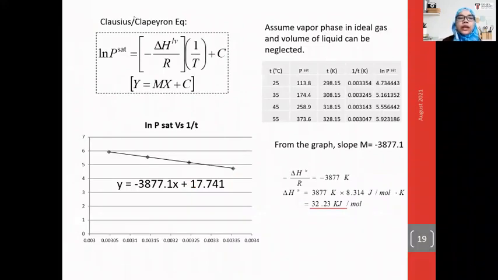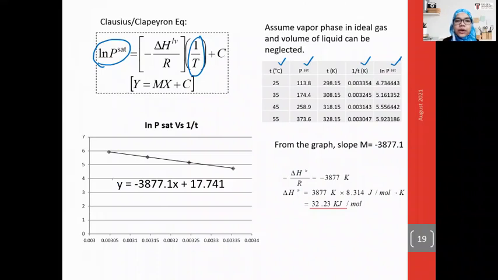We know that for the Clausius-Clapeyron equation, we plot ln P saturation versus 1 over T. So we have temperature and saturation pressure. By converting the unit first, we can have 1 over T and ln P saturation here. And then once we plot the graph, we can have the linear line here.